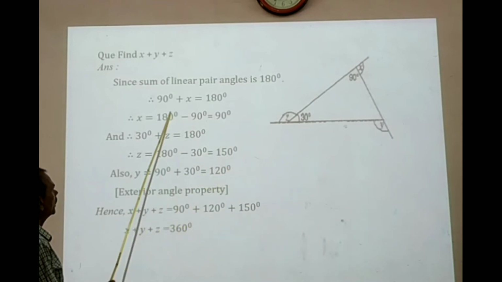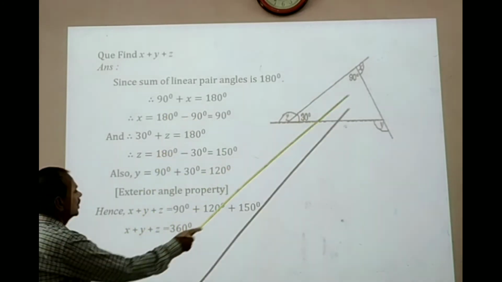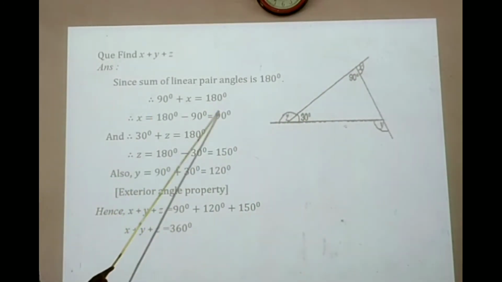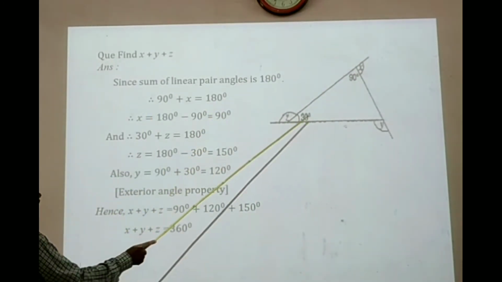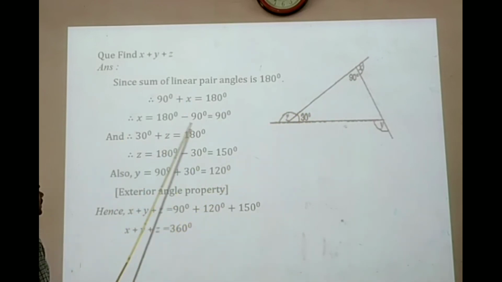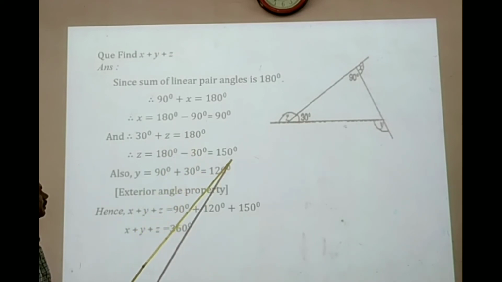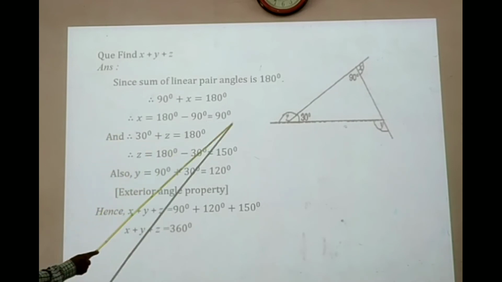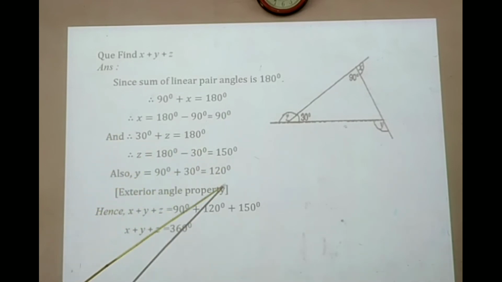So here 90 plus x is equal to 180. Then x is equal to 90. Similarly for y, first find z. 30 plus z is equal to 180, so z is equal to 180 minus 30, which is 150 degrees. So here x is equal to 90 degrees and y is equal to 120 degrees.